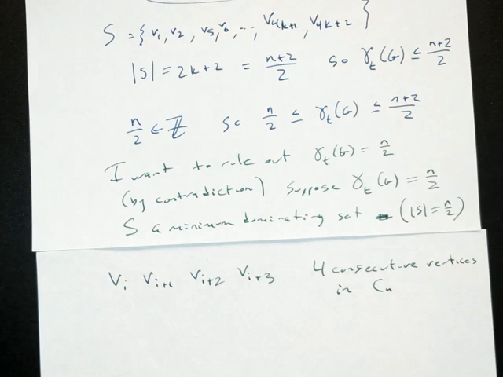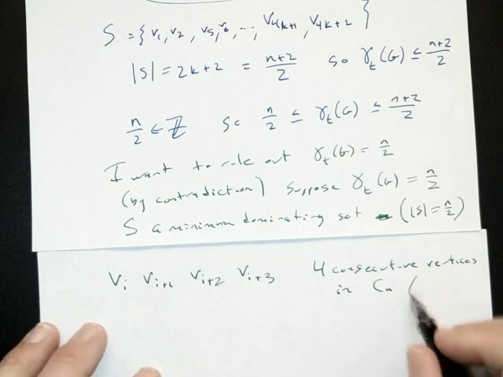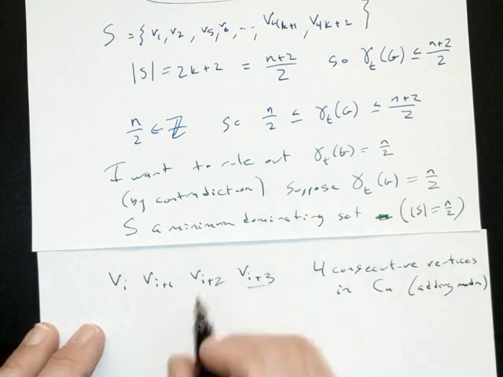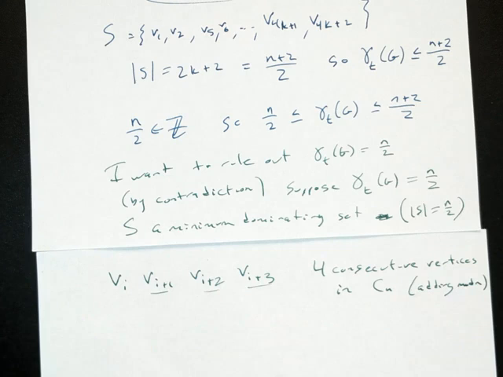And by the way, we'll do the addition in the subscripts there, mod n, in case we wrap around the n. That's okay. So those additions are mod n.